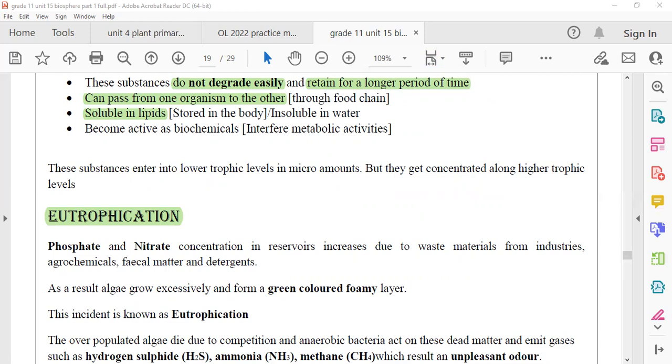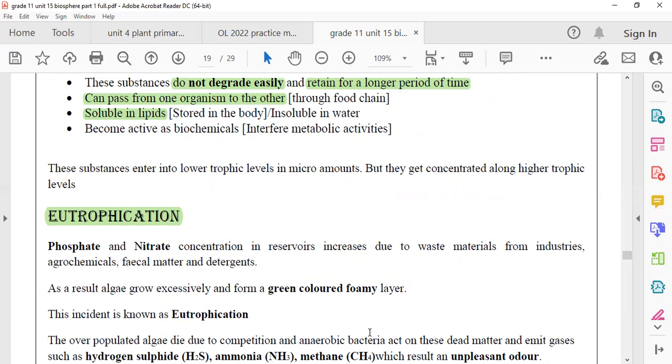In aquatic environments only eutrophication will take place. If a water body, it can be a river, it can be an ocean, it can be a lake, is turning to green color, then you can decide, here eutrophication has taken place. The decision you have to make.